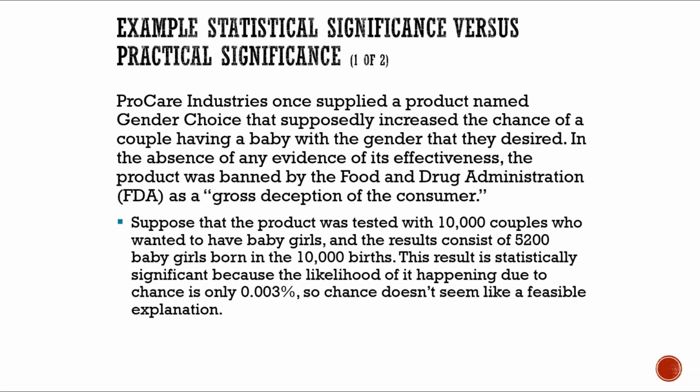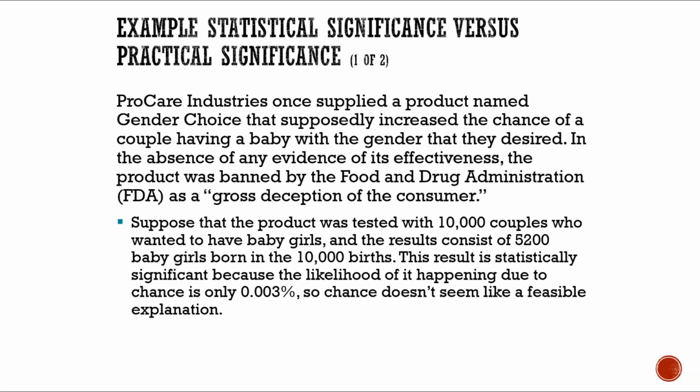You might say it doesn't seem that different from 50%, but since there are so many births, it's enough to know that the probability is higher than 50%. So this is an example of statistical significance. This drug increased the probability of having a girl above 50% at a high certainty, because this event is very unlikely to occur by chance.